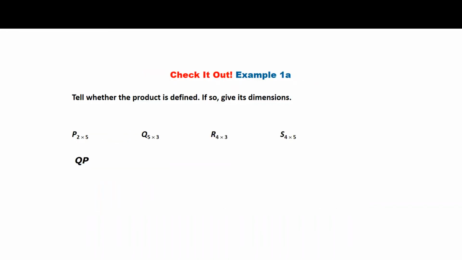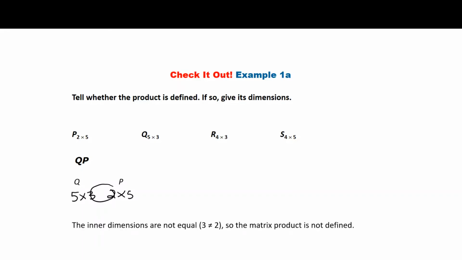Here's another one. Tell whether the product is defined. If so, give its dimensions. Okay, QP. So let's write our Q is 5 by 3, and our P is 2 by 5. So when we do that, we see that the 3 is not equal to 2, so our matrix cannot be defined or multiplied.